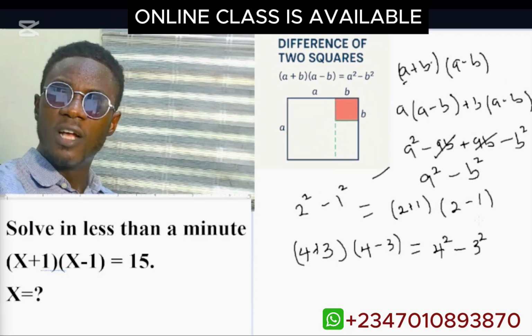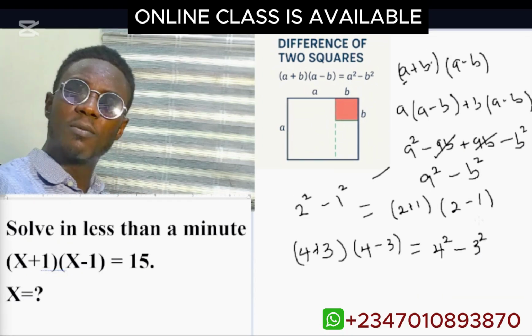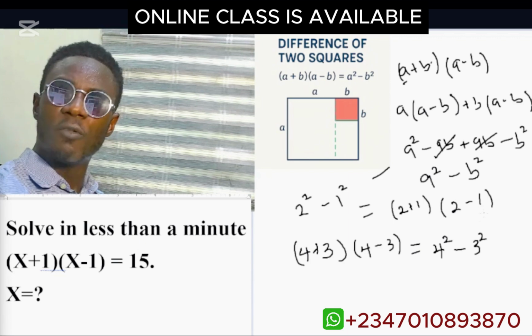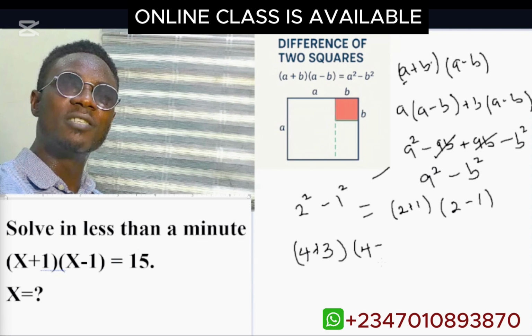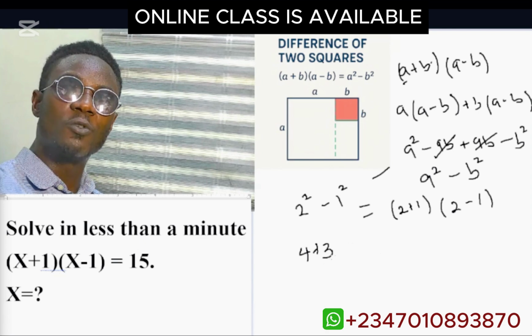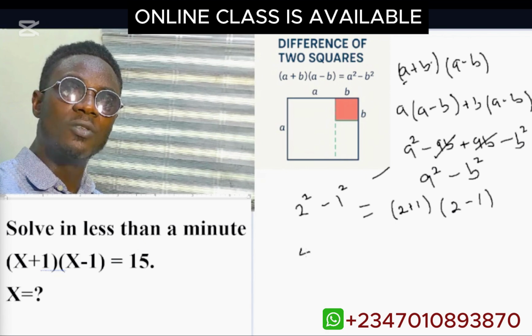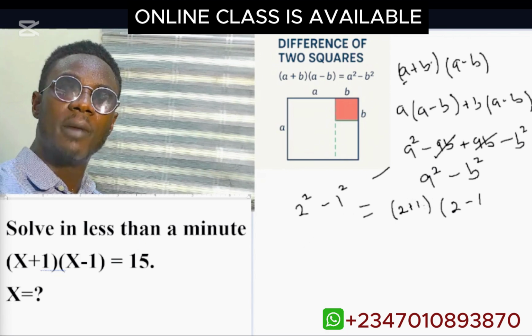Now when they ask us to solve, in less than a minute, (x + 1)(x - 1) = 15, I want you to know that the major thing they want us to apply is nothing but this difference of two squares, because that expression definitely looks like what we have been talking about.